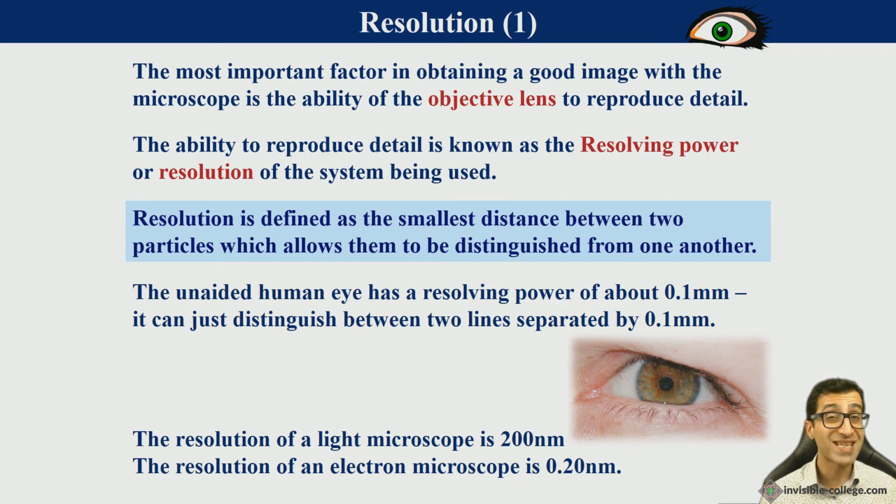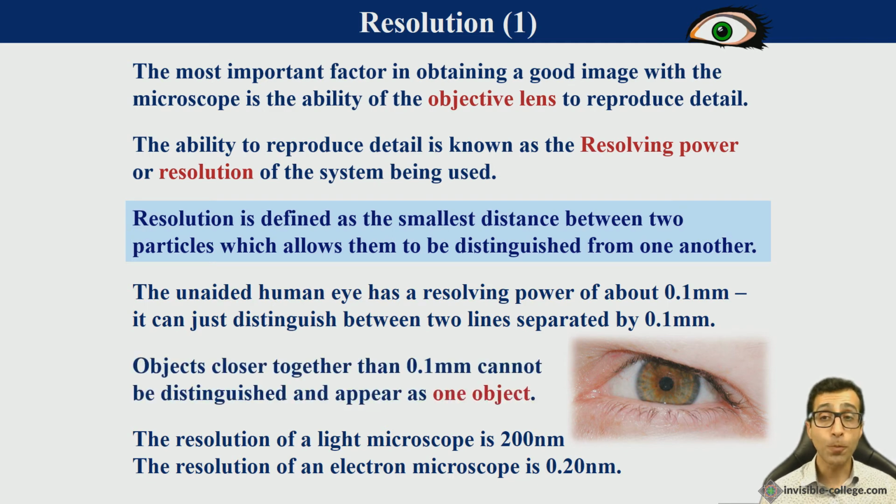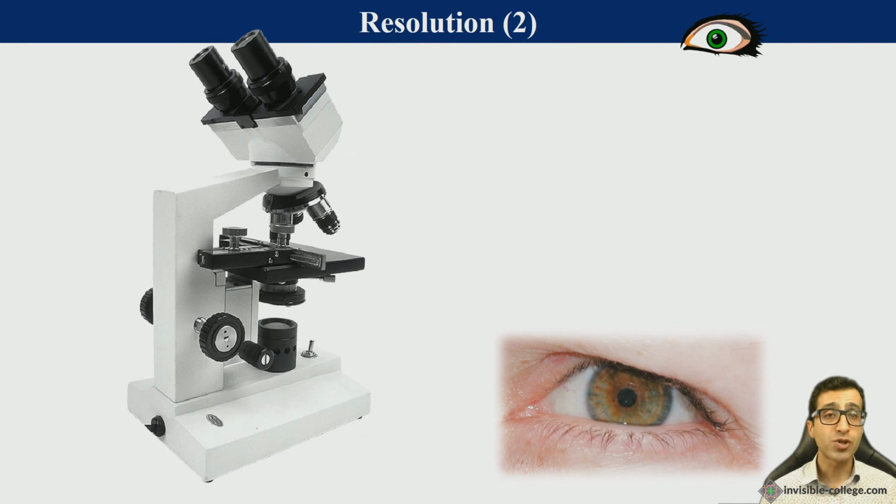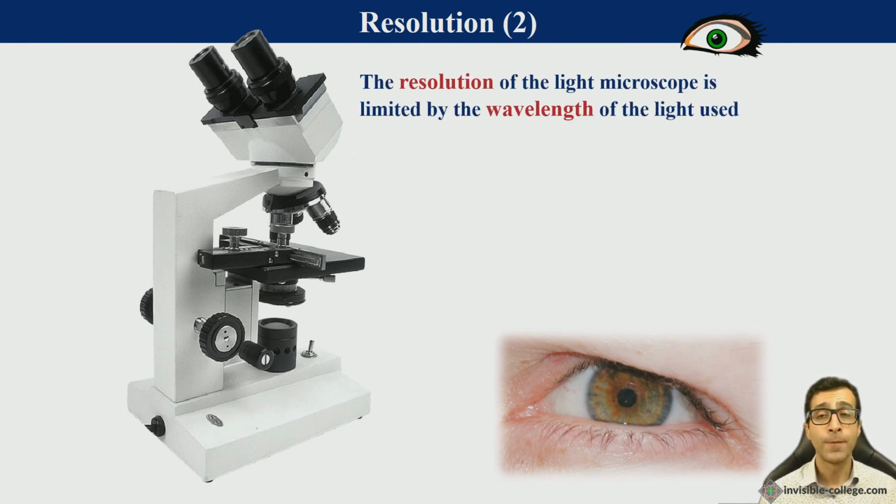It's 200 nanometers, whereas the resolving power of an electron microscope is higher still at 0.2 nanometers. So objects closer together than 0.1 millimeters apart cannot be distinguished by the average unaided human eye and typically will be seen as a single object. So the resolution of the light microscope is limited by the wavelength of light which is being used.